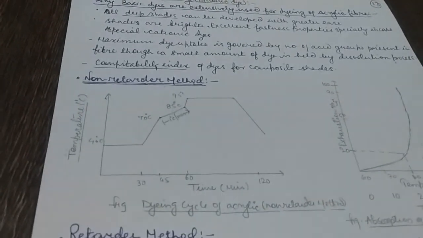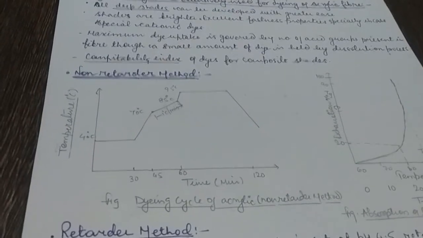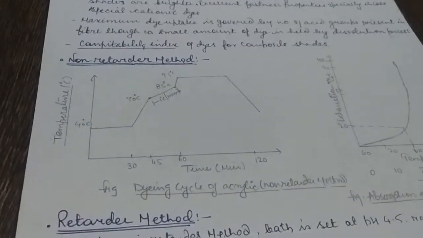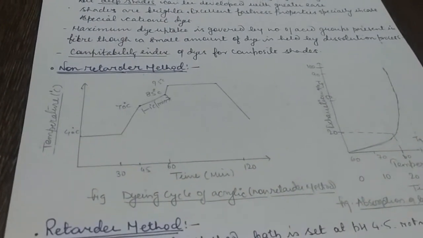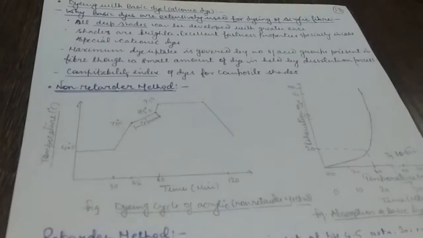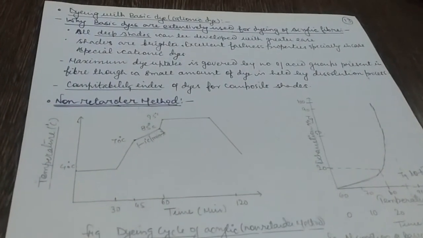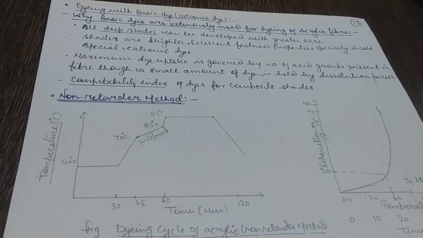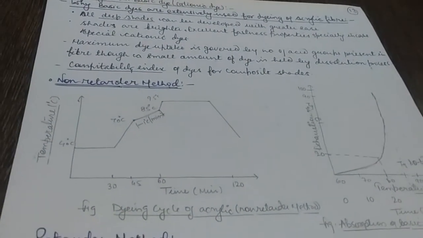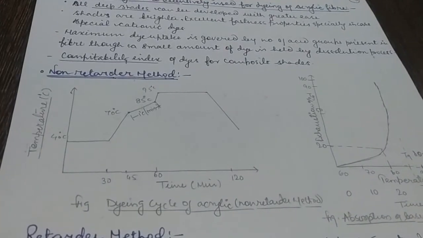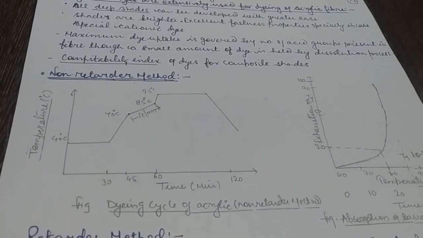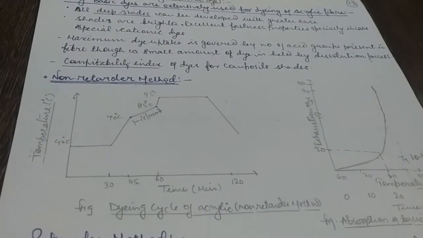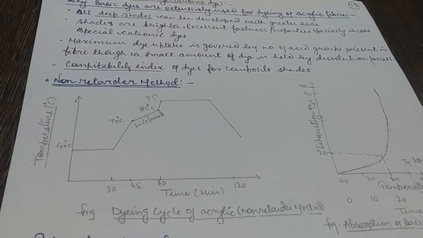Here we have discussed the dye profile, the pH of the dye bath, how the dyeing is carried out, and how exhaustion is affected. Exhaustion is related to temperature, and a leveled state can be achieved by controlling the rate of heating, because the rate of heating is directly associated with the rate of dyeing, and the rate of dyeing is directly associated with the exhaustion of the dye bath.